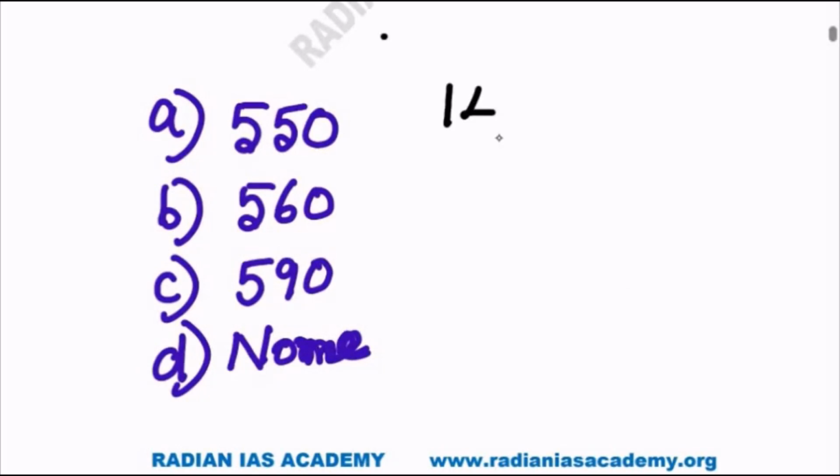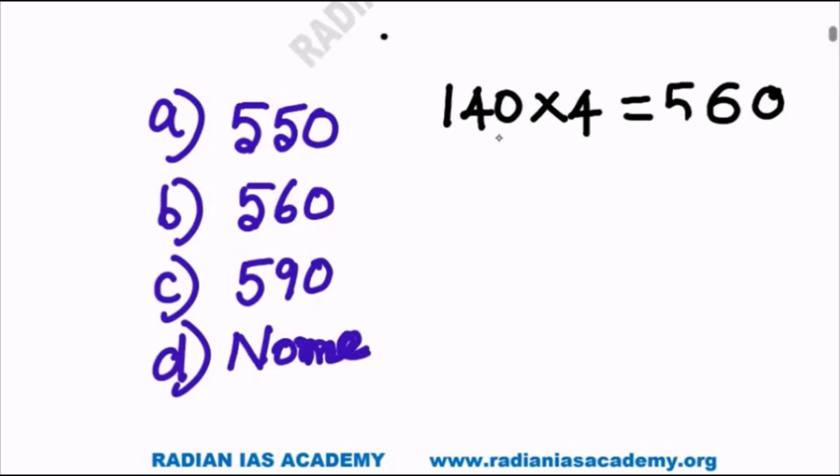140 questions correct. Therefore, for each correct question, he or she gets 4 marks. Therefore, 140 into 4, this is the positive mark. 4 into 140 is 560.